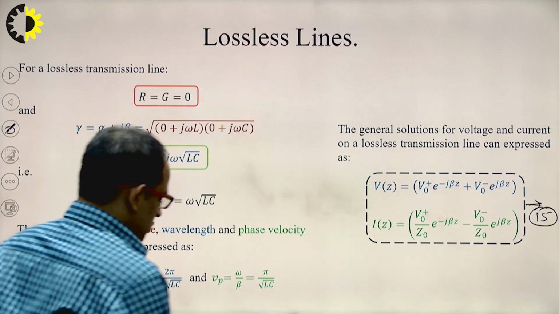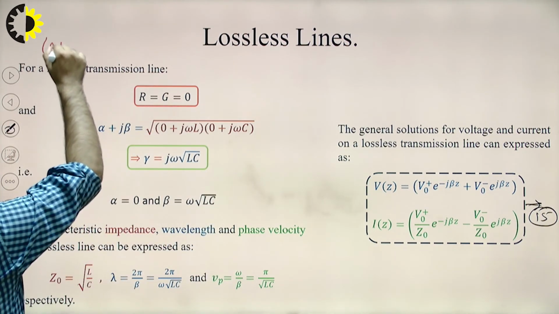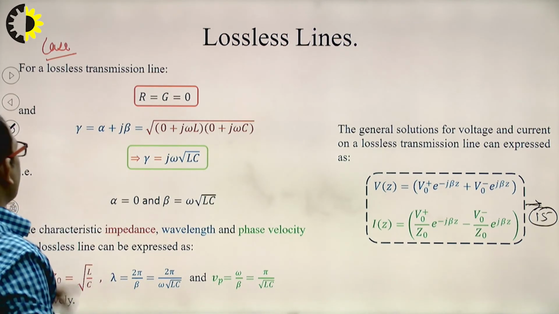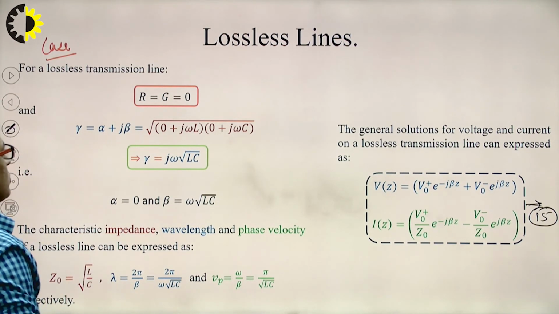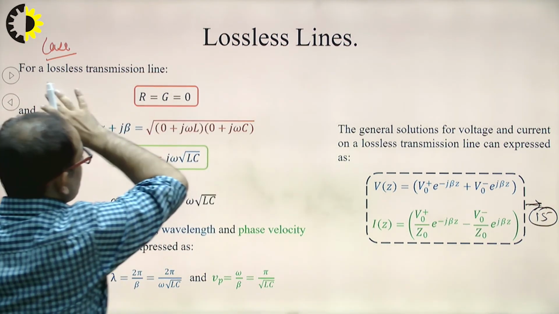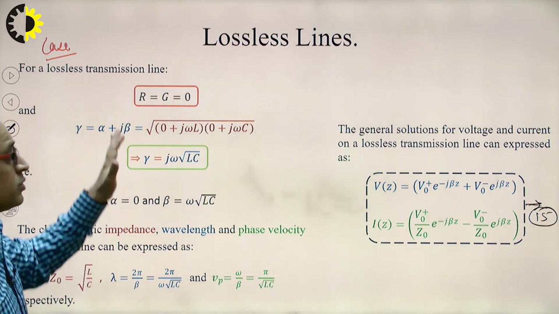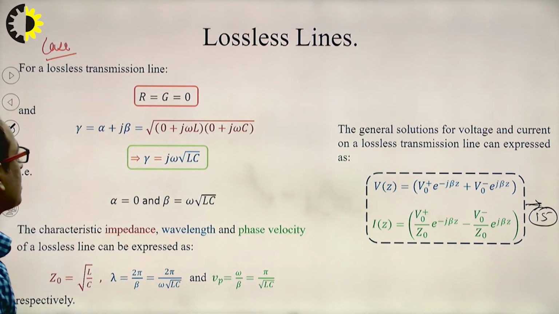Now this is a special case for a lossless transmission line. For a lossless transmission line, R equal to 0 and G equal to 0, when there is no loss. It means the transmission line is lossless.